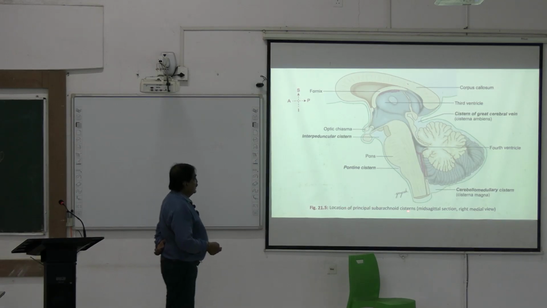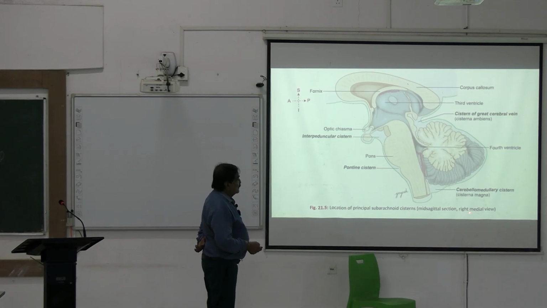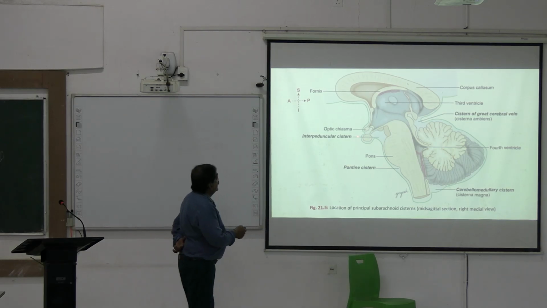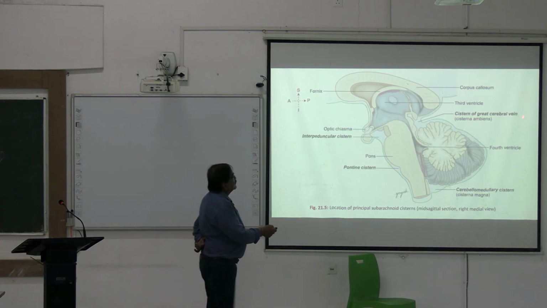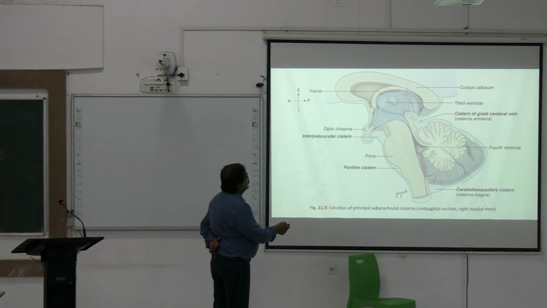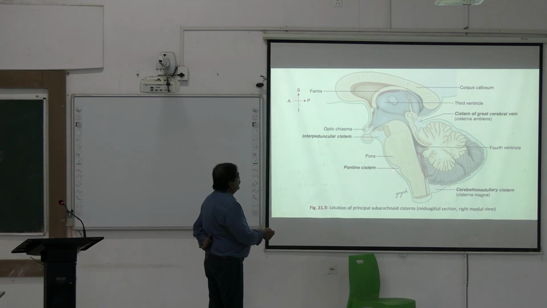Location of principal subarachnoid cisterns, mid-sagittal section, right medial view. See, this is a very important picture. Now, this is the fornix, this is the third ventricle, this is the corpus callosum, cistern of the great cerebral vein, cisterna ambiens, fourth ventricle, this is the cerebellum, cerebellomedullary cistern, cisterna magna, pontine cistern here, pons is here, interpeduncular cistern.